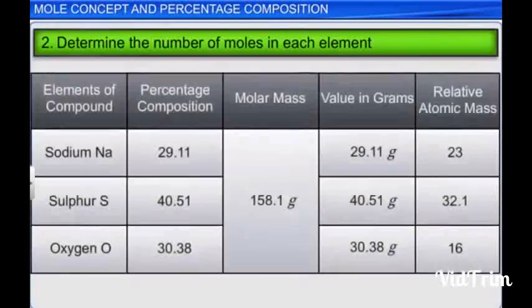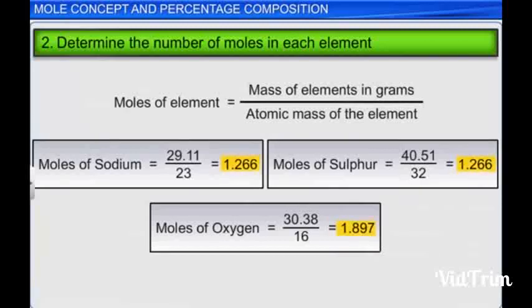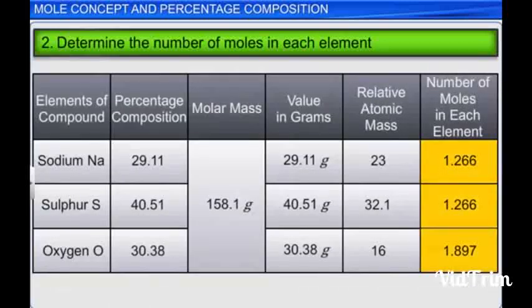Therefore, the relative atomic mass of sodium, sulfur, and oxygen are 23, 32.1, and 16 respectively. On substituting the values in the equation, we get the number of moles for each element as 1.266, 1.266 and 1.897.